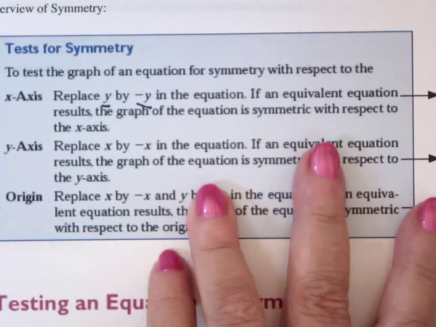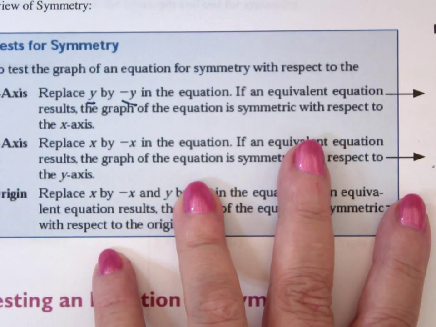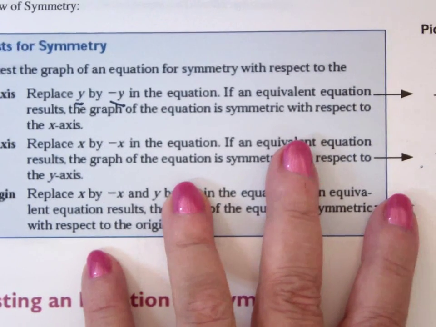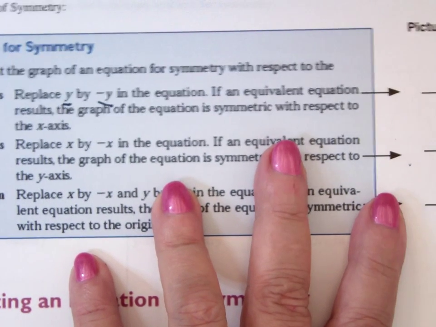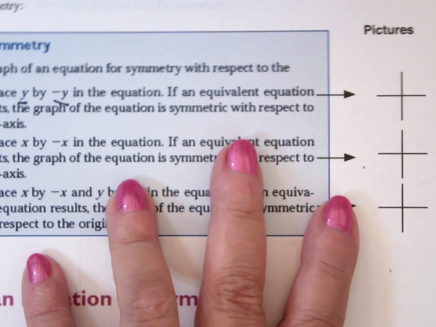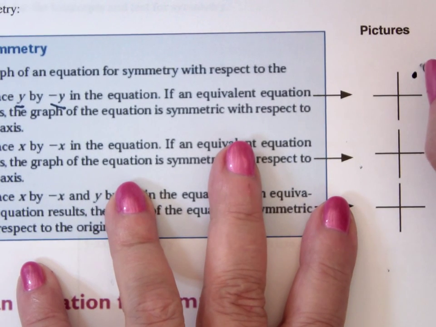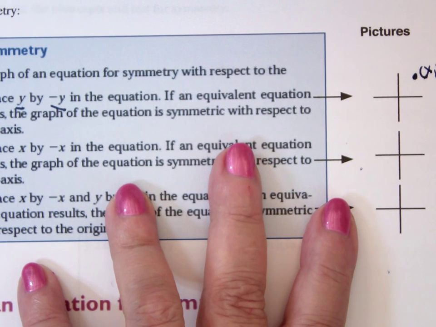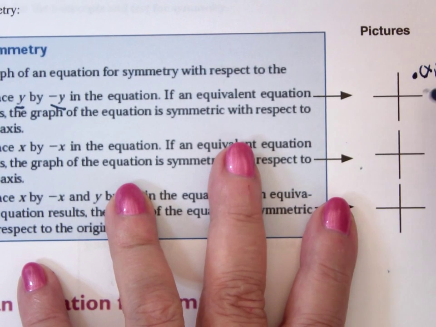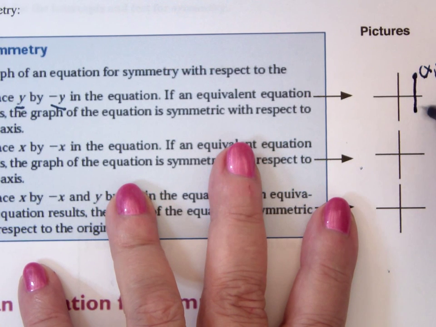And when I look at that, this is what it says. And I can't remember those words. Words just drive me nuts. That says, if I have, and I draw myself a little axis, if I have a coordinate point, x comma y, if I'm symmetric with respect to the x-axis, it would come down, go through the x-axis.